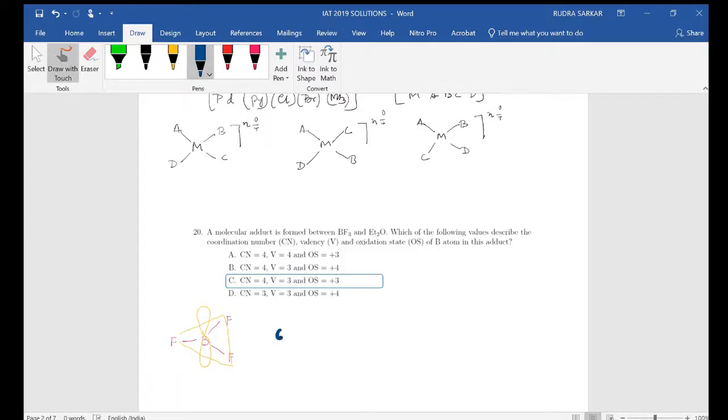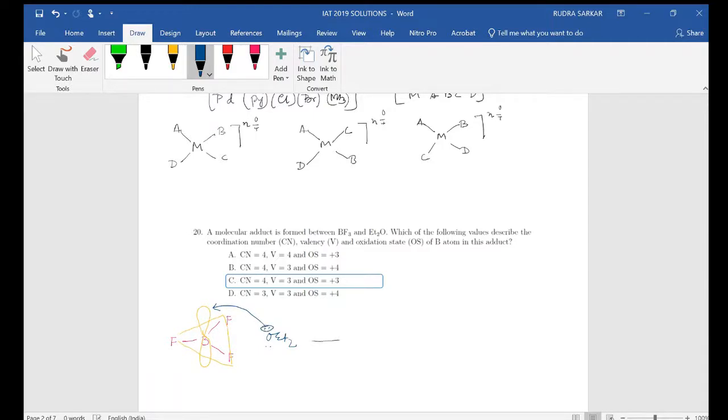Now, if you consider the OEt2, which is diethyl ether, it is having two such lone pairs on oxygen, which is going to get donated over here.